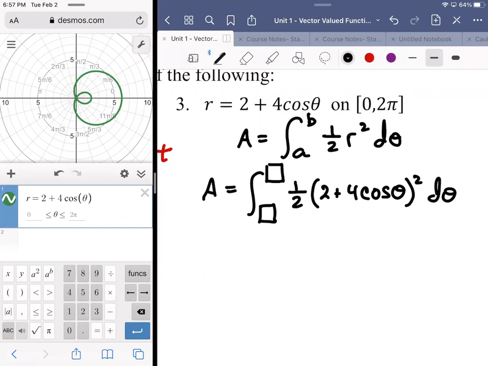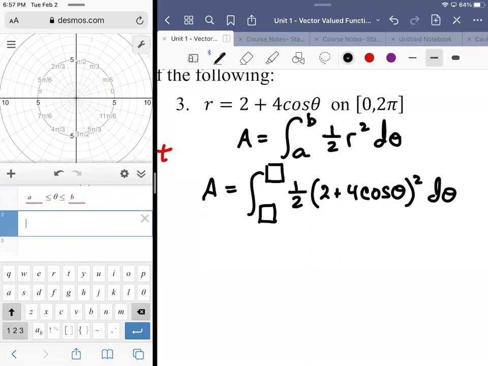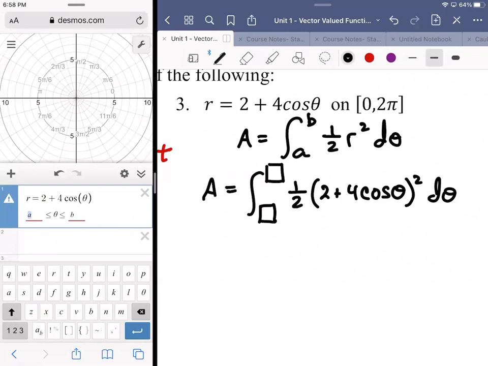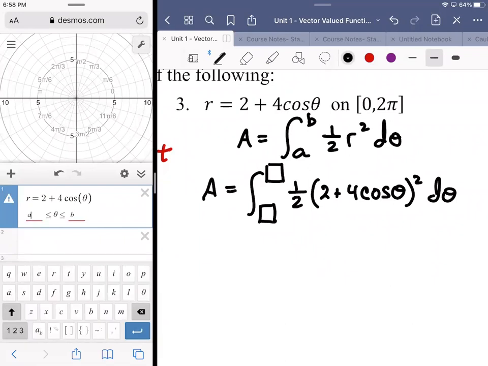Now what I do, and it's entirely up to you, is I put in a lower bound of a and an upper bound of b. Or at least I normally would, except for whatever reason it's not letting me do that this time. I don't know why. Did I use A and B already?